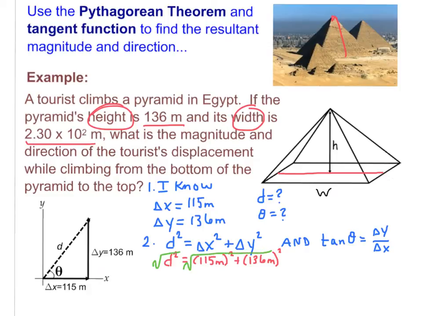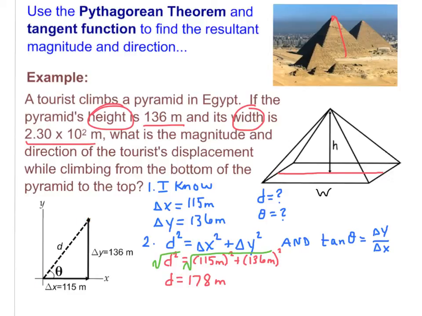If I take the square root of both sides, I end up getting d equals 178 meters. And since I took the square root, my meters make sense because the units were meters squared under that before I square rooted it. Now I get 178 meters for my displacement magnitude right there.